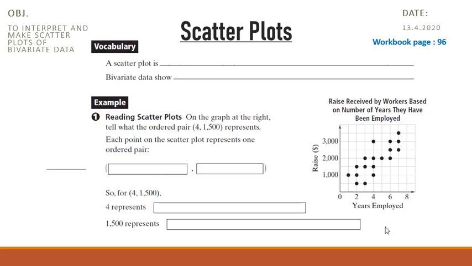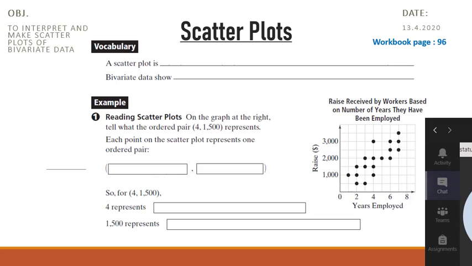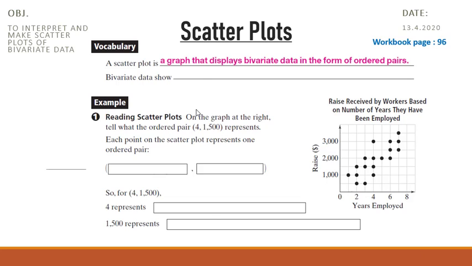It is a graph that displays bivariate data as ordered pairs. Great. So it's a graph that displays bivariate data in the form of ordered pairs. Great.